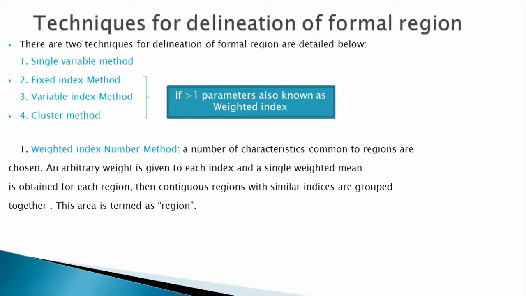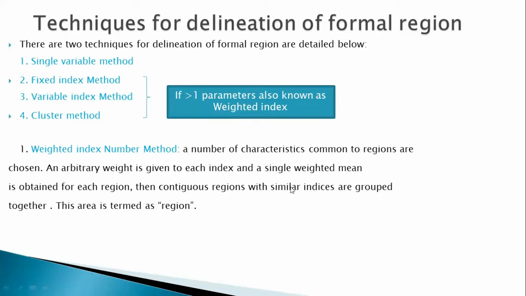Now the single variable method is very easy. If we have a single criterion, for example, a hilly region, then we delineate the regions based upon that single variable. What is the single variable? Hilly region. So all those regions which are hilly, we will delineate into one formal region. Or, in the previous slide, I showed you certain variables.